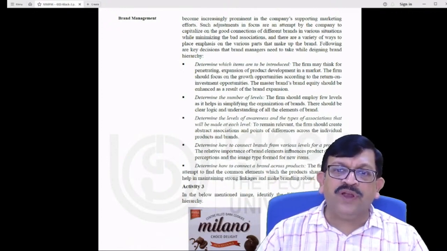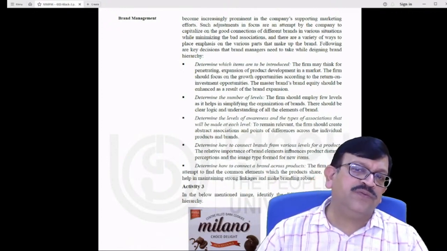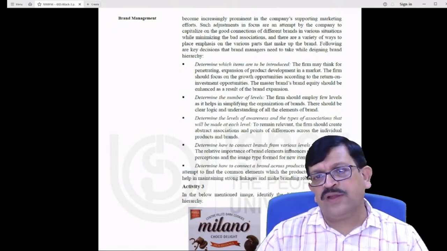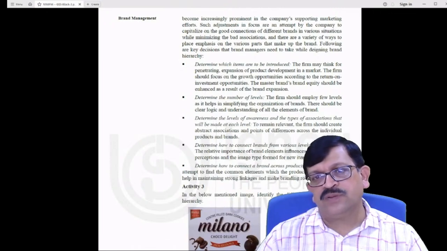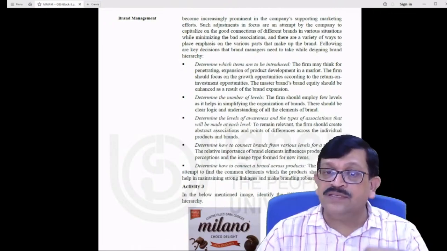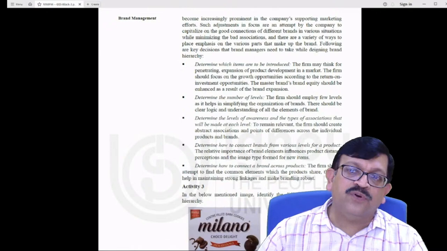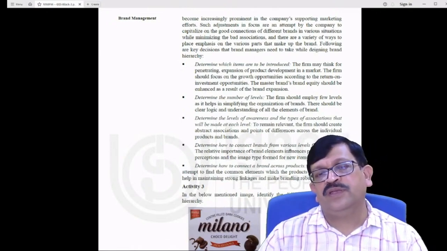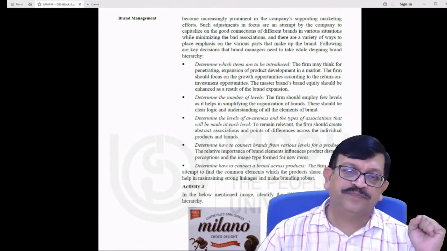Then comes the level of awareness and associations that each of these brands have. So at each level, the kind of brand association and awareness that the company or the brand has has to be further reinforced in order to create better adoption or better affinity with the consumers.